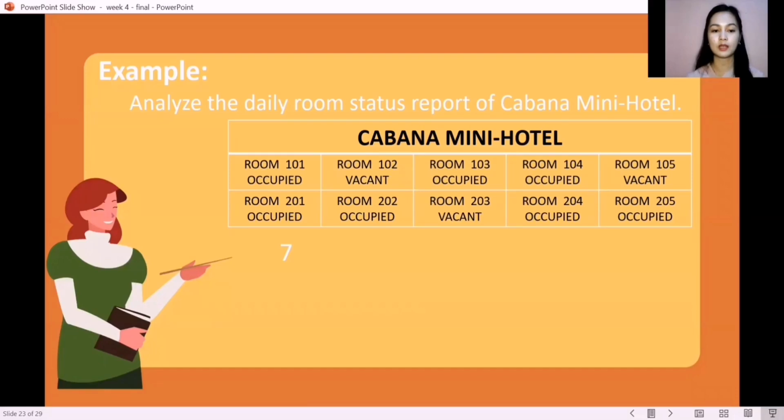So we have a total of 7 rooms sold and the total 10 rooms of Cabana Mini Hotel. So we will multiply it by 100, and that will be our ROP. So we have 7 divided by 10, that is 0.7 times 100, and that is equal to 70%. Meaning to say, Cabana Mini Hotel has a 70% ROP.